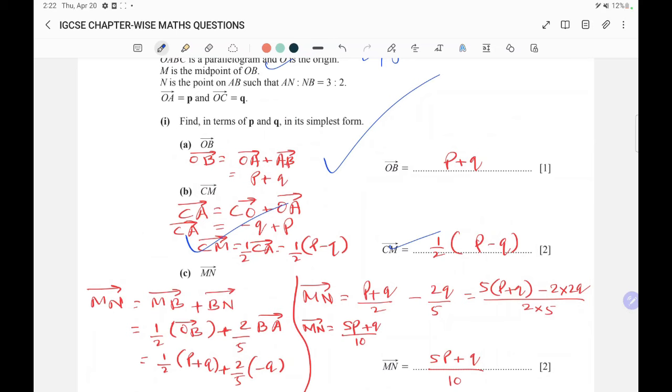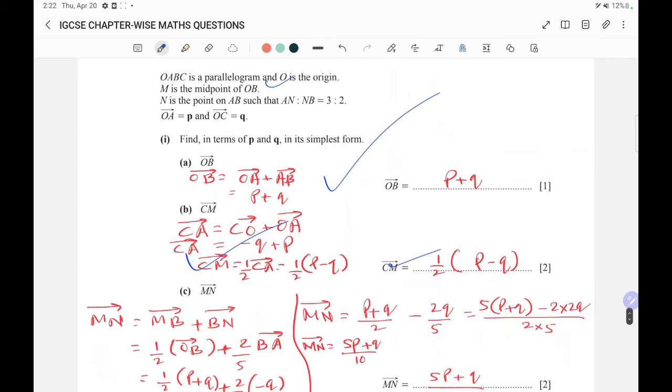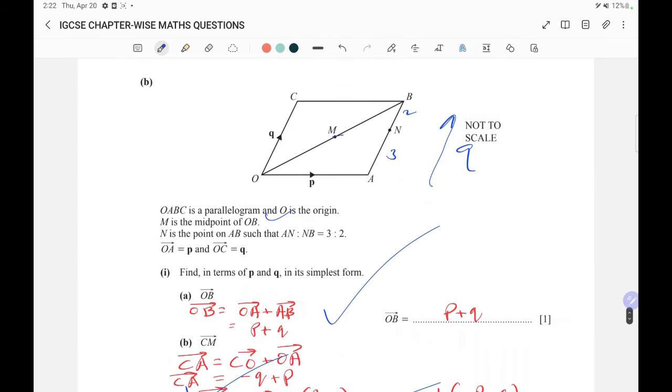I have shown over here, I wrote all the necessary steps. Now I need to find MN. How can I find MN, guys? I think I can go this way and then this way.